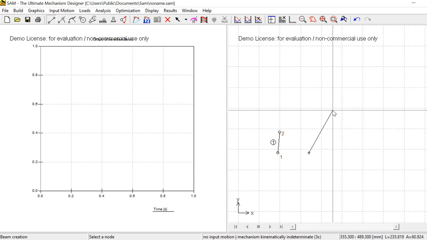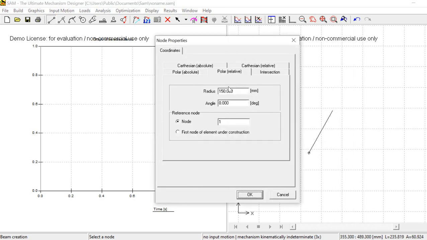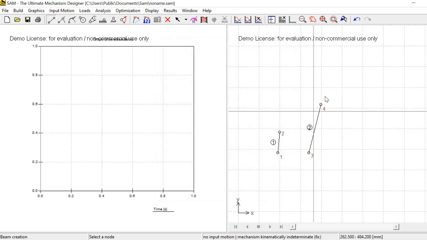After that, I need to find the value of 240. I already know the value, so I'm going to substitute over here 240 millimeters, and the angle, we have found, is 76. So I'm going to be careful. The reference node is 0, as this is a new line, so we don't have the reference node over here. So here I get this.